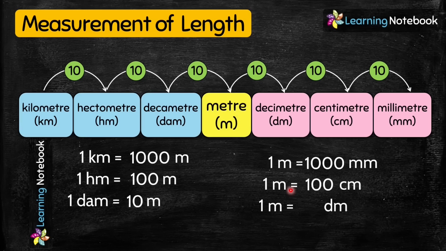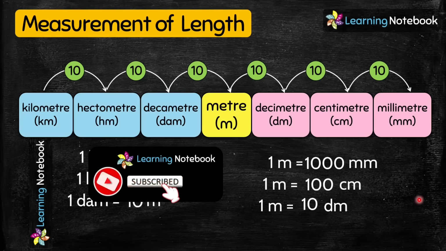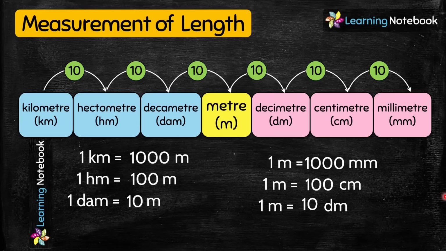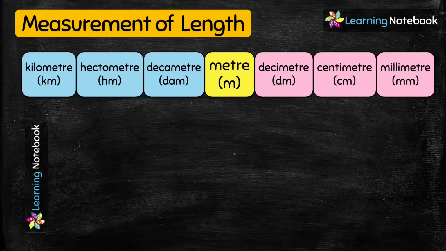And to convert 1 meter into decimeter, we need to jump only once. So 1 meter equals 10 decimeters. So now students, we have learned how to convert higher units into lower units.